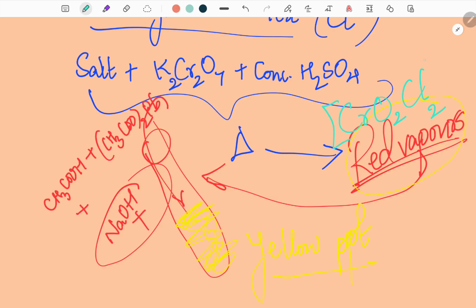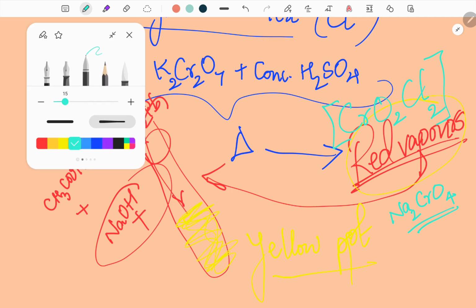So chromyl chloride is CrO2Cl2, and when you are adding it to NaOH, you will first see a yellow solution is formed. That yellow solution is actually nothing but sodium chromate. Sodium chromate is Na2CrO4, and that is the yellow solution, not precipitate.